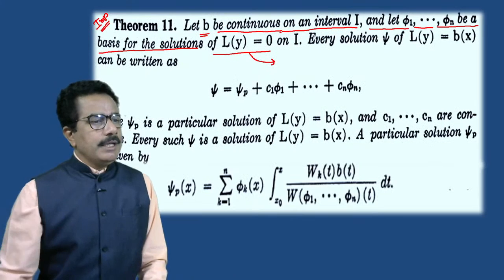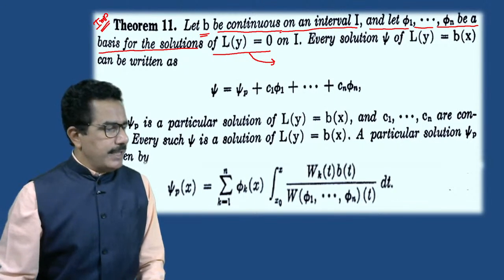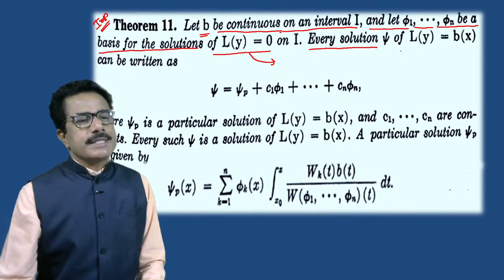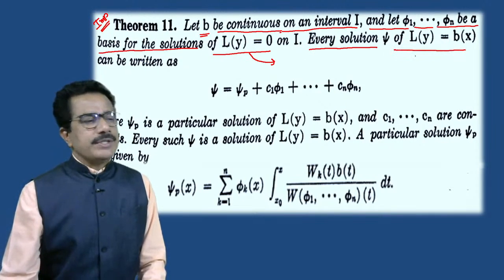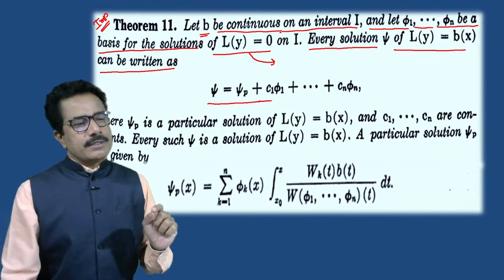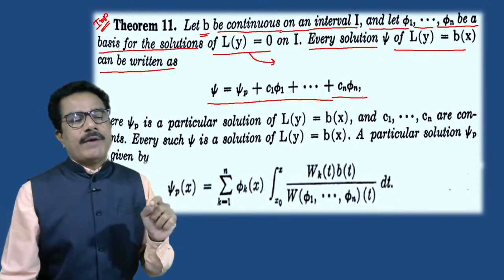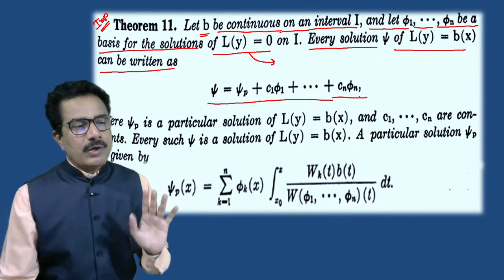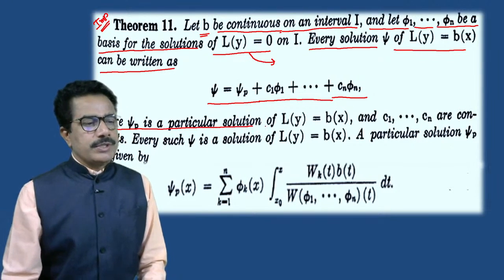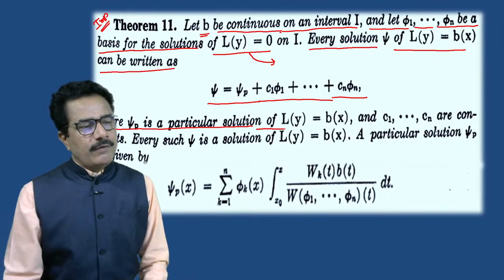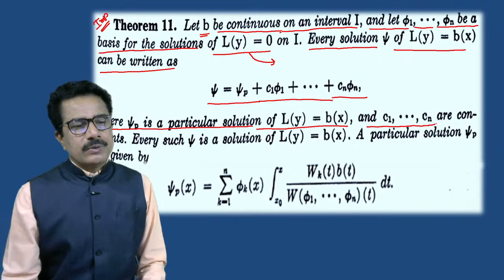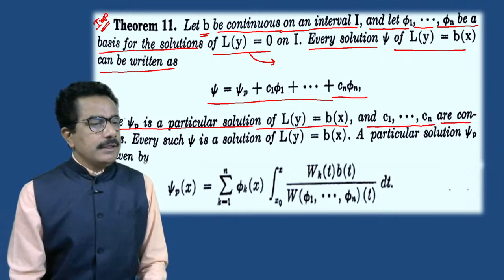Okay, so this L of y, see this, then every solution psi of L of y which equals b of x can be written as psi equals psi p plus c1 phi 1 plus c2 phi 2 plus dot dot dot cn phi n, where psi p is the particular solution or particular function of L of y which equals b of x, and c1, c2, dot dot dot cn are the constants.